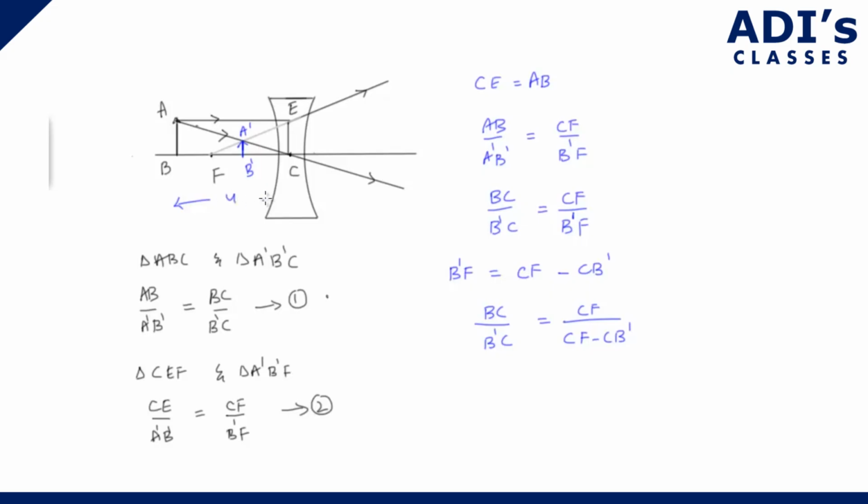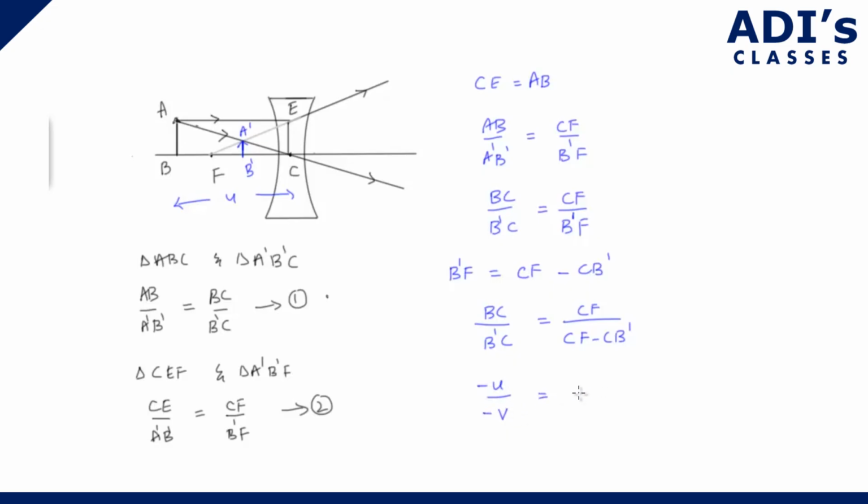So in place of BC, you write minus U, divided by B dash C, which is minus V, is equal to minus F divided by minus F minus of minus V. Right, so this is what you get.